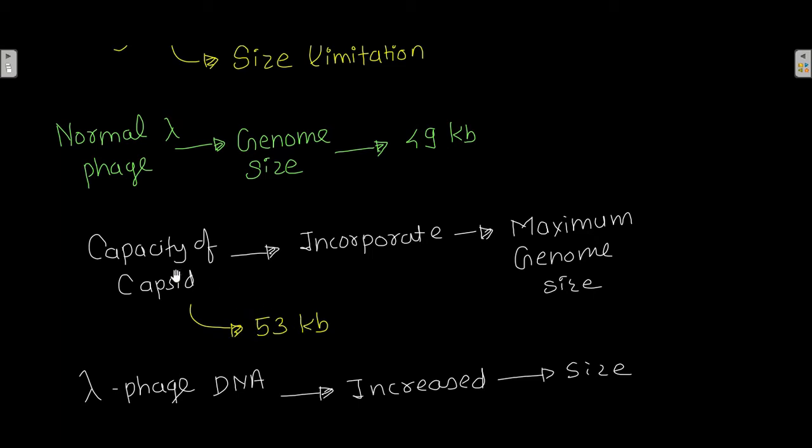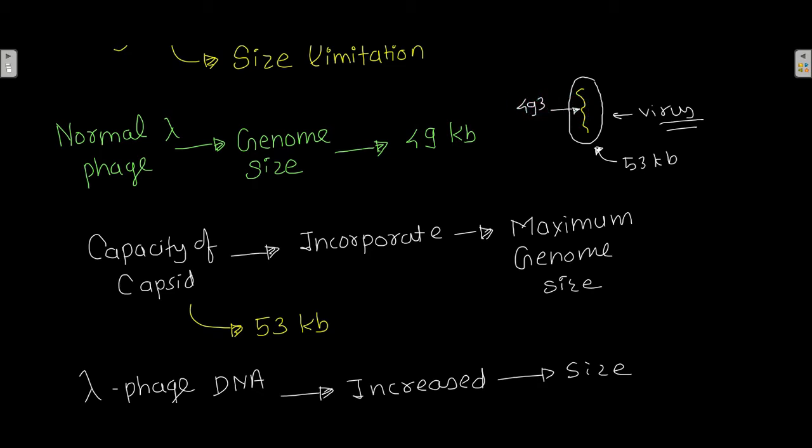What is a capsid? This is the viral DNA which is produced in the host cell. The capsid is the cover which will encapsulate this viral DNA, and that is how the virus particle is produced. The maximum capacity of the capsid to hold DNA is 53 kb, and the viral genome is 49 kb.